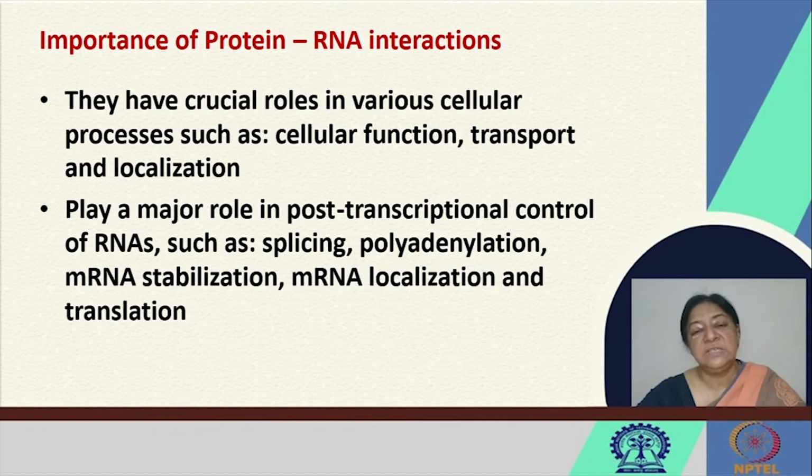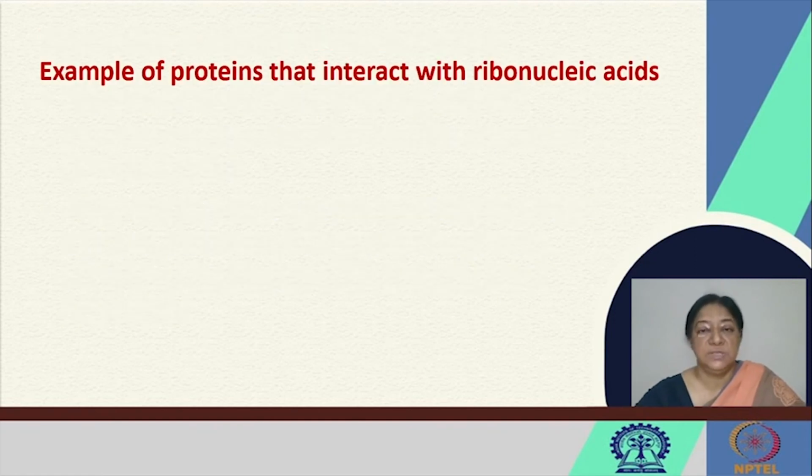So in all the translation and post-transcriptional processes, we have RNA, and RNA processing is very important, which means that we have protein RNA interactions that need to be understood to modulate these processes.